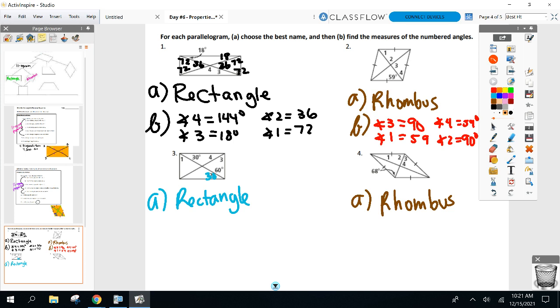6 is 360. Probably. So 4 is... 4 in the rhombus is... Oh wait, doesn't this do isosceles?